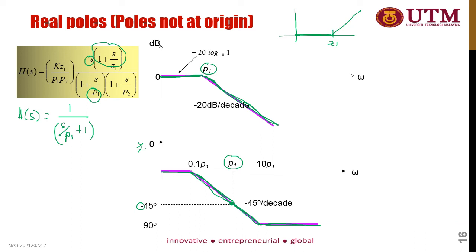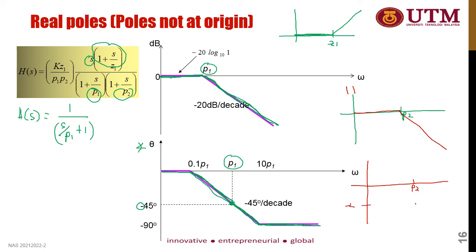Same goes for when you have a second pole. For the magnitude plot, here is P2, so the line will be 0 from 0 to P2 and then decrement by 20 dB per decade from P2 onwards. This is for the magnitude plot. And for the phase plot, if you have P2, at P2 it must be 45 degrees, but for poles it is negative 45 degrees.